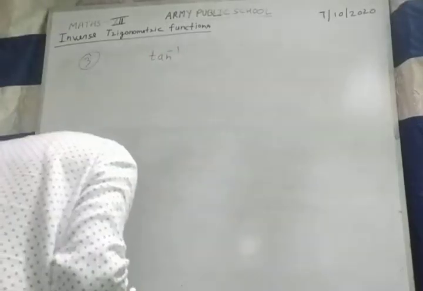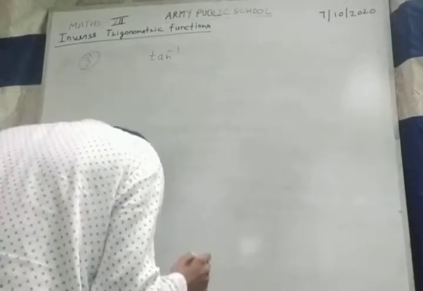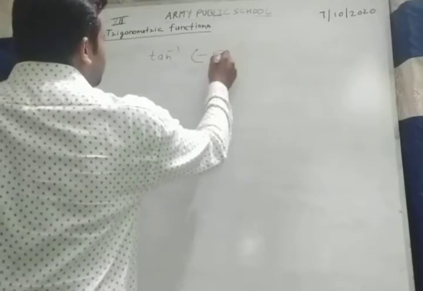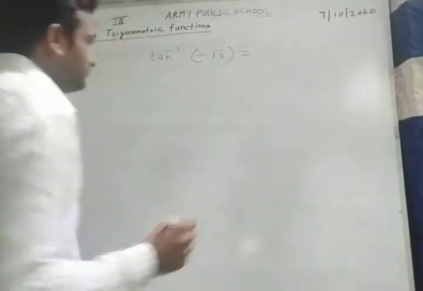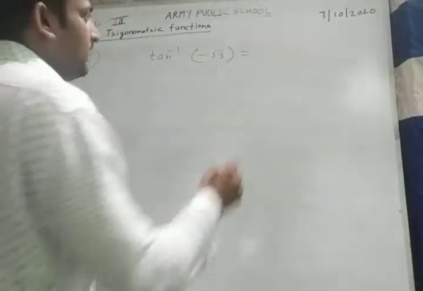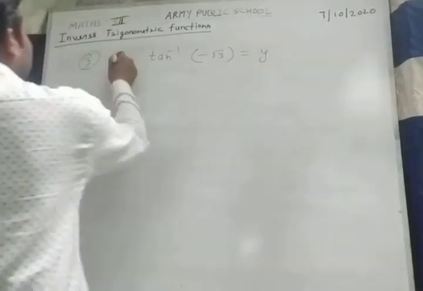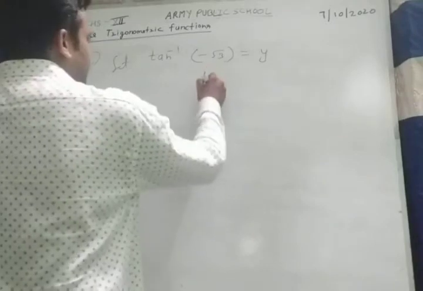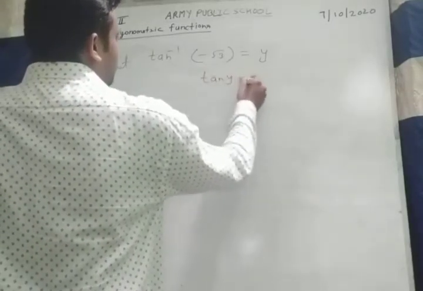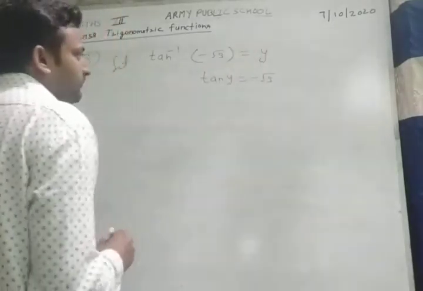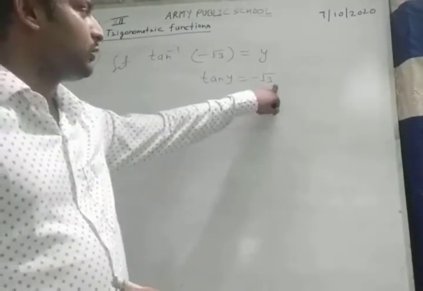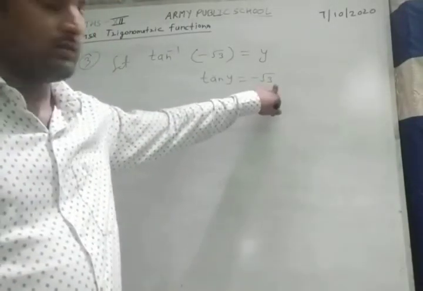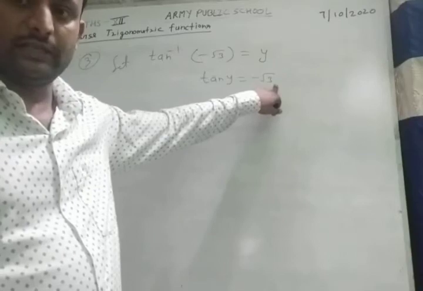Tan inverse of minus root 3. Okay, let this be y. Again we can write tan y is equal to minus root 3, and for the value of root 3, what will be the angle in tan?